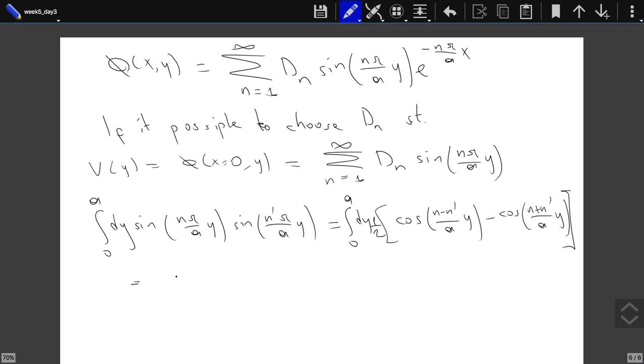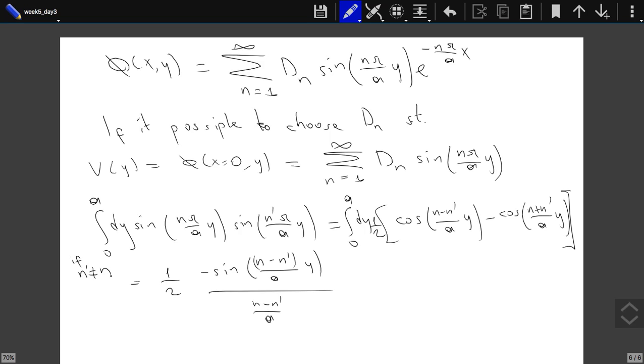And, well, let's evaluate them. 1 over 2. Are the signs correct? I think so. 1 over 2, minus sine of n minus n prime over a y divided by n minus n prime over a. This is assuming n prime is not equal to n.